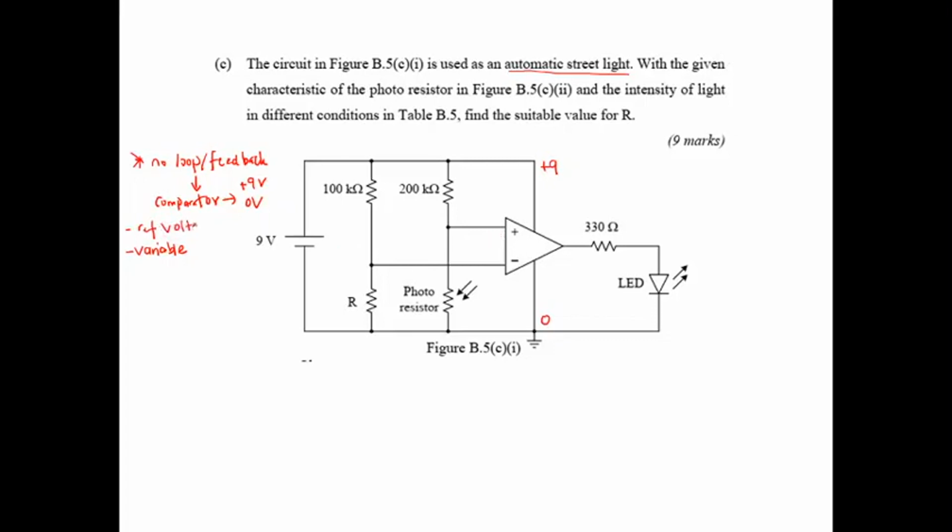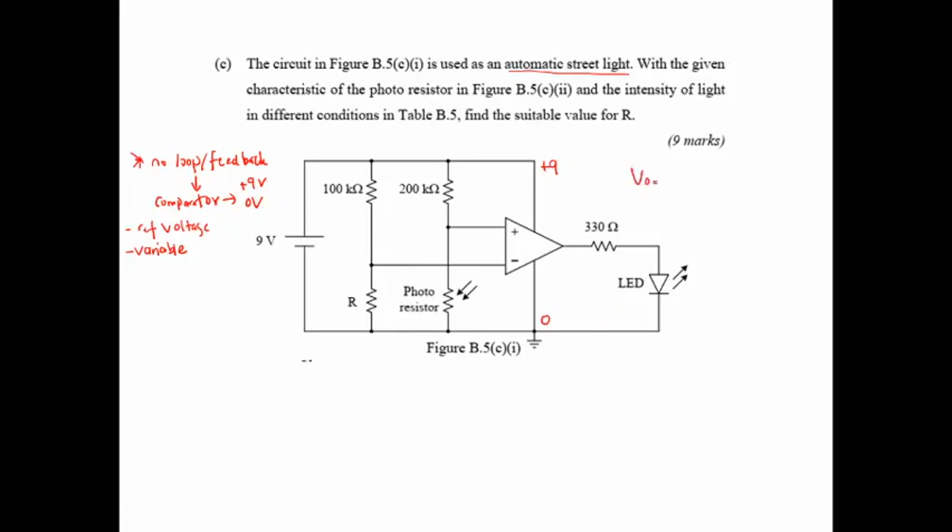The other input port will become the variable port. This input port will monitor the input and give the output according to the relationship between V plus and V minus.